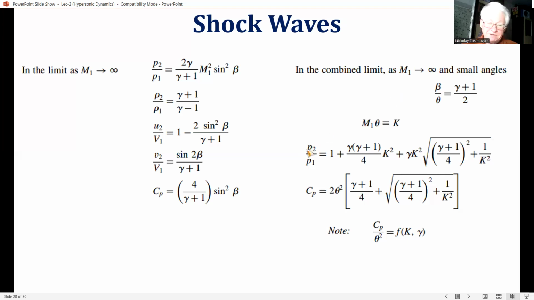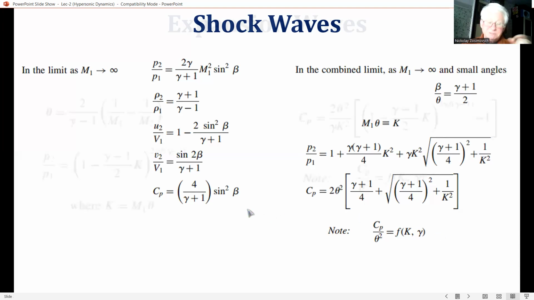And defining the hypersonic similarity parameter, yes this one, M1 theta is identical to K. And in the intermediate case of high but finite Mach number and small angles, as you can see here, we have the next expression for P2 over P1 and the expression for Cp. We should note here that Cp over theta squared is a function of K and gamma. I agree?